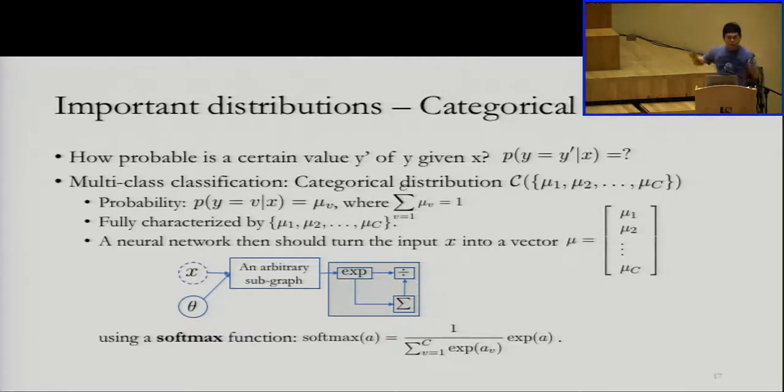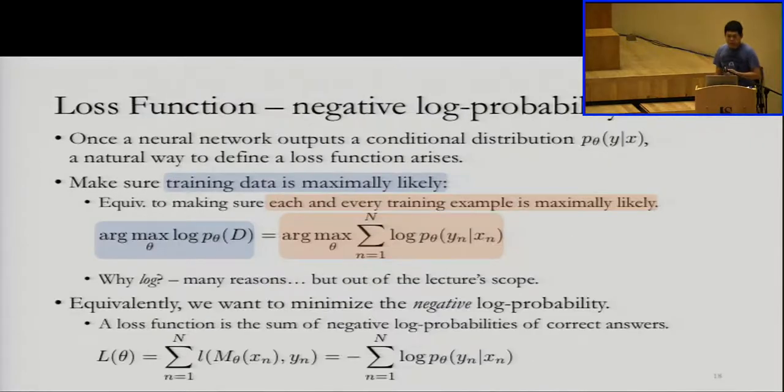And okay, these distributions are nice, but what did I mean by saying these distributions automatically give us what kind of loss function we use? So once we have the distribution, what we want is for that distribution to put as high a probability mass as possible on the training examples.